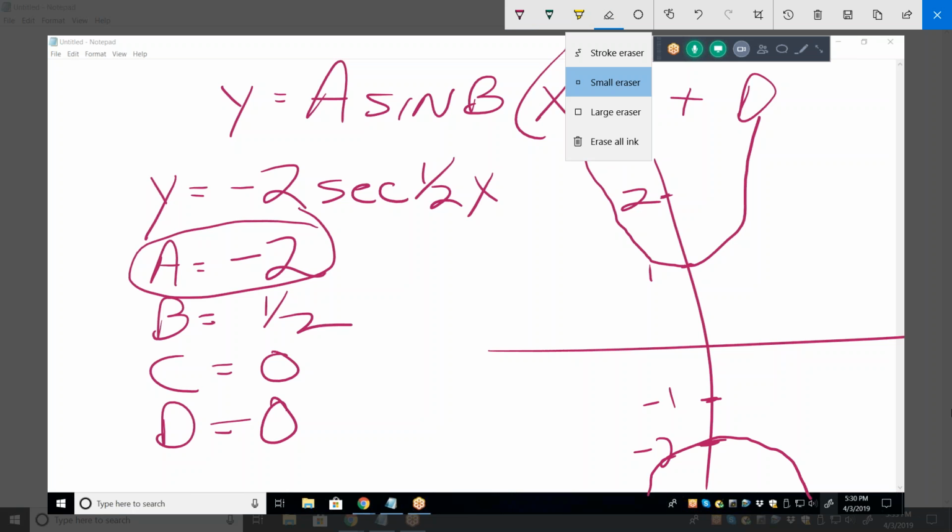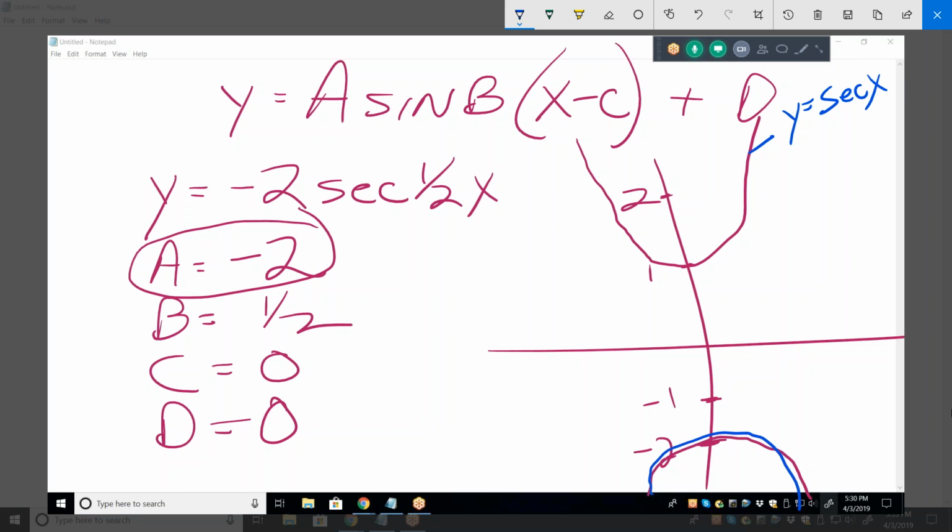Okay. And let me draw all these in a different color so you'll know. In other words, this is y equals secant x. This is y equals -secant x. And I've only drawn one period of it.